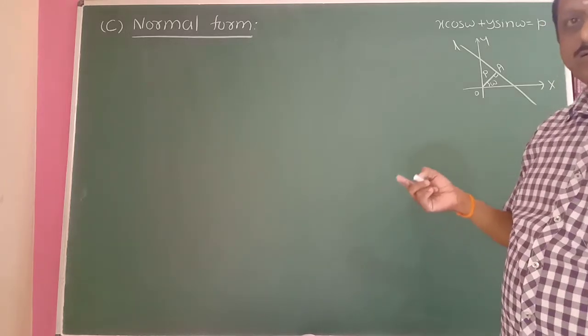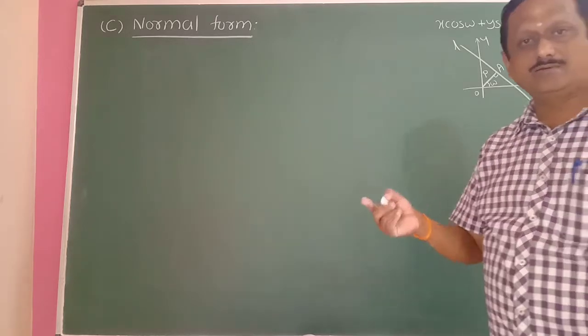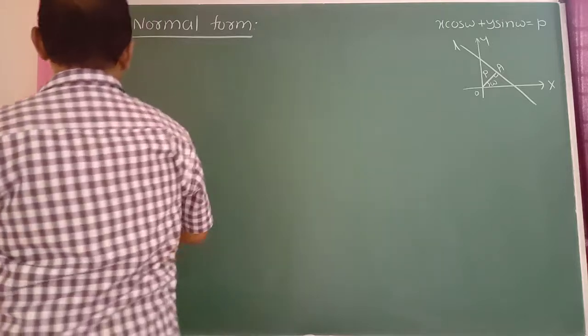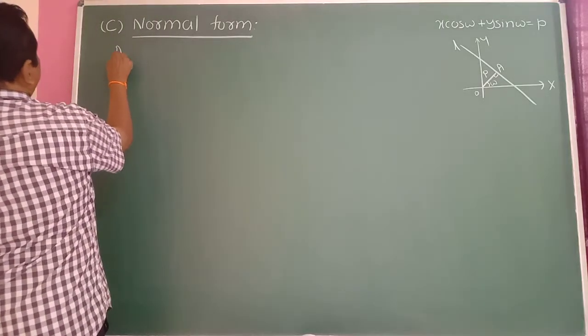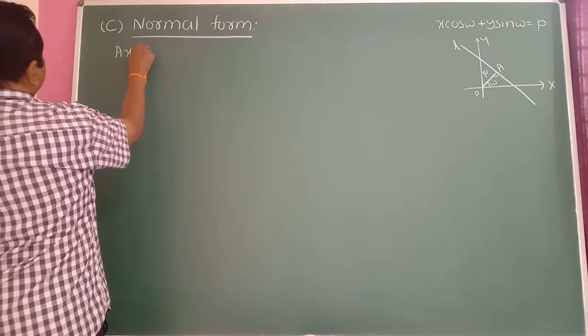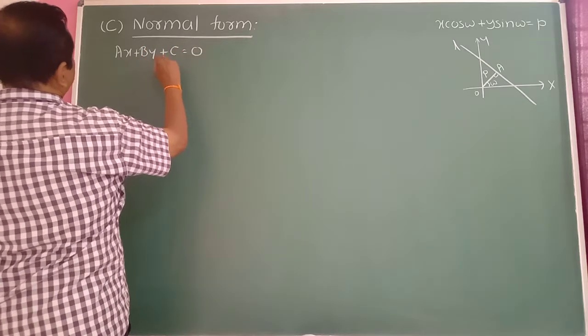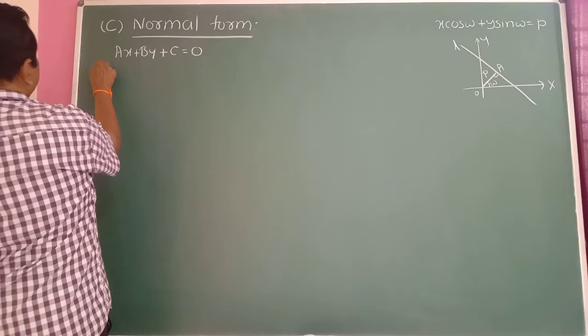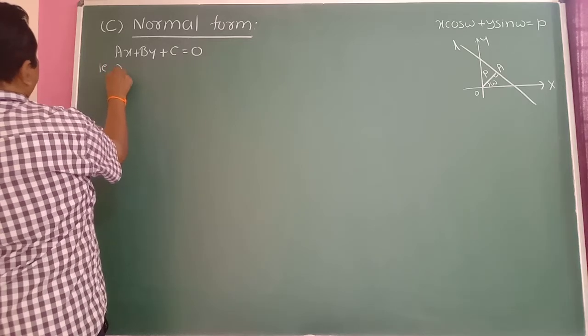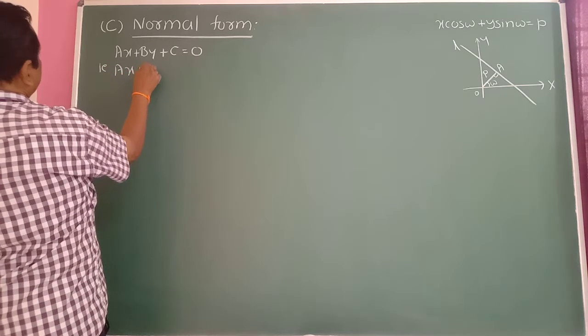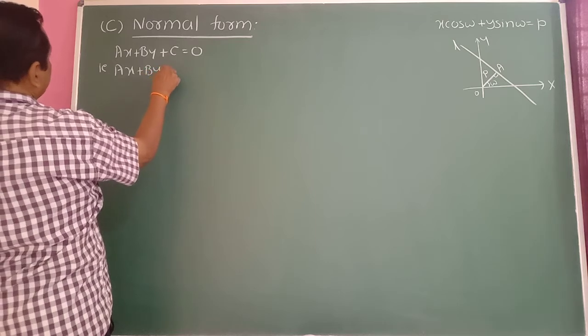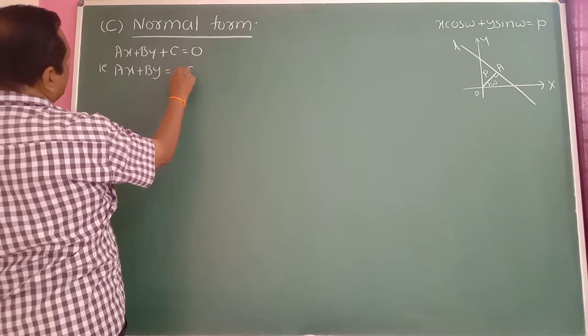Therefore, write the general form into the normal form. Okay. So ax plus by plus c is equal to 0, that is, a into x plus b into y is equal to minus c.